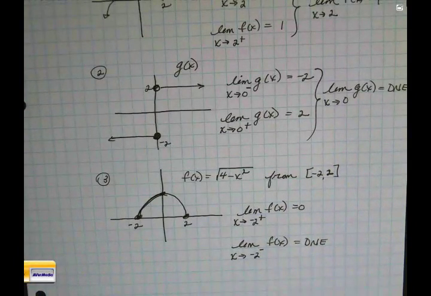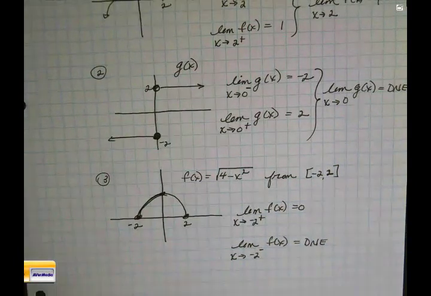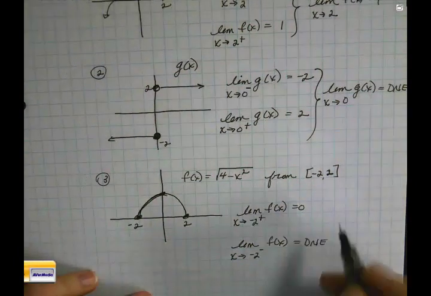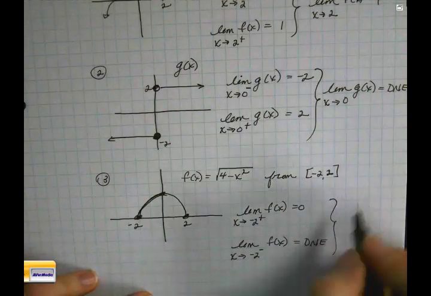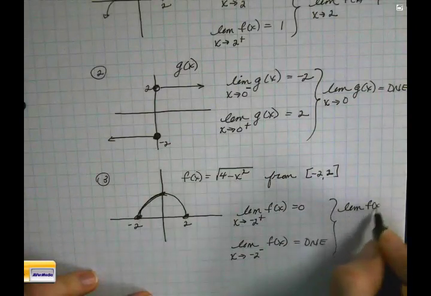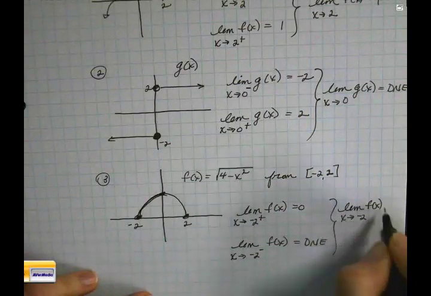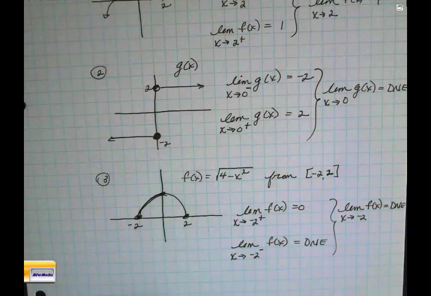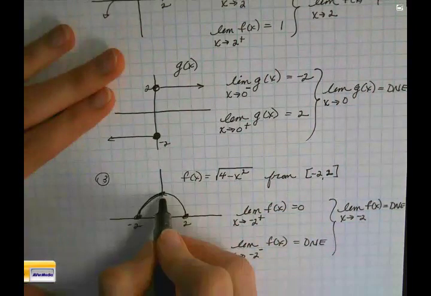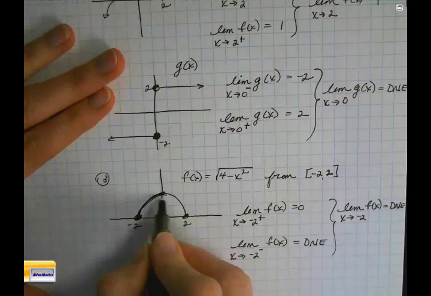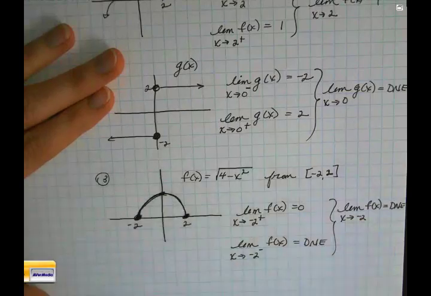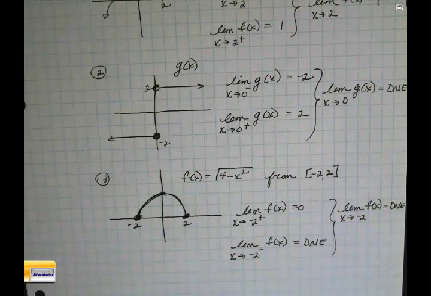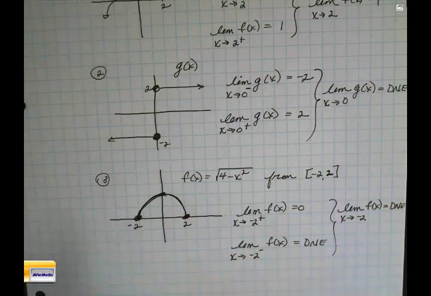Then you could even say that the limit of f of x as x approaches negative 2 is what? Does not exist. It doesn't even exist on the left side, so I don't have a left side value. Okay, so when you have endpoints like that, you can get a one-sided limit, but you can't get the two-sided limit. So you have to be really careful with those.